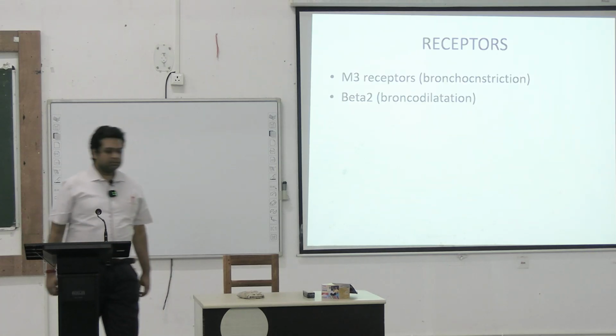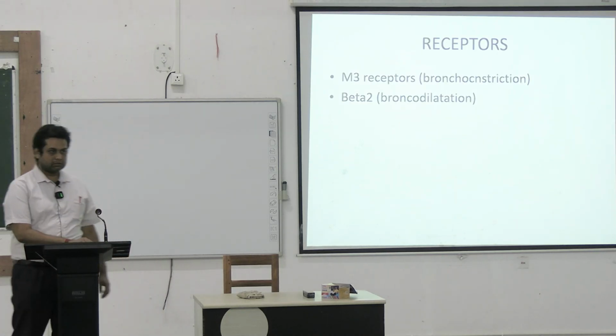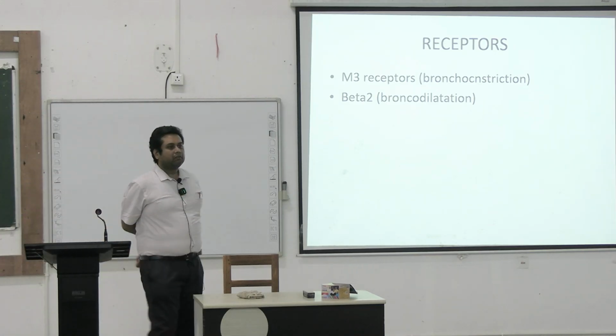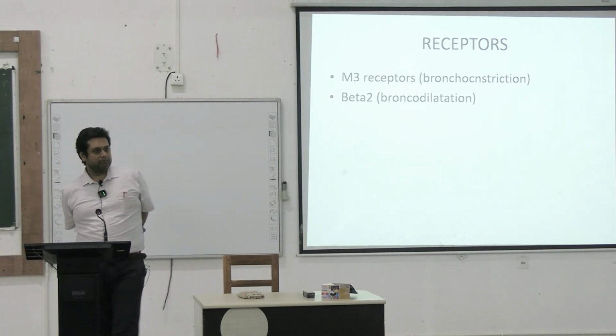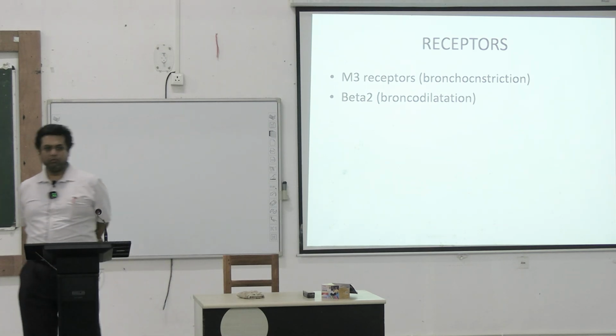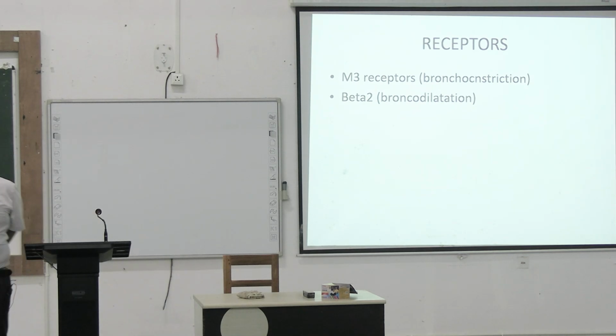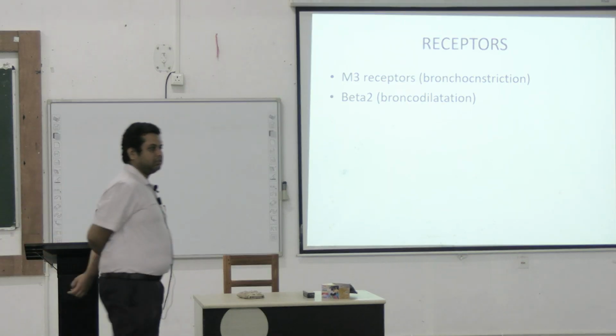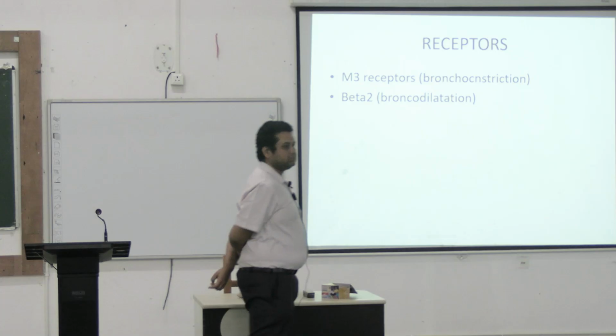Now we come to the chief receptors. The M3 receptor for the parasympathetic system causes bronchoconstriction. Then the beta 2 receptor. There is no sympathetic innervation, so what is the function of this beta 2 receptor?